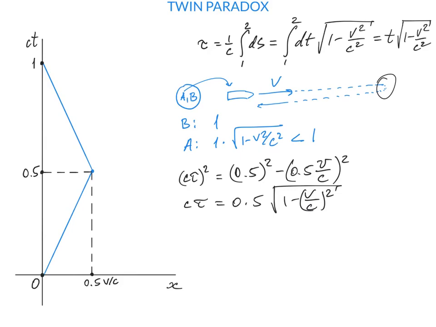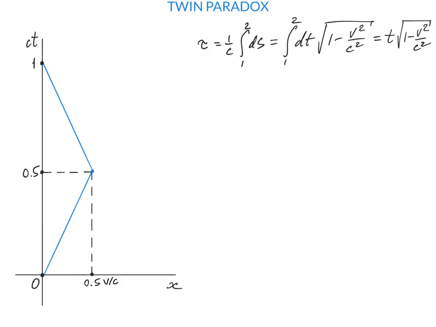Now, what happens if Alice attempts to apply this formula in her own reference frame? So Alice would take the time that her clock shows. So at this point, her clock, as we know, shows 0.5 times the square root of 1 minus v squared over c squared.